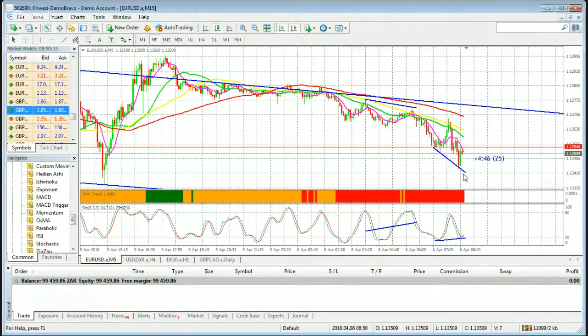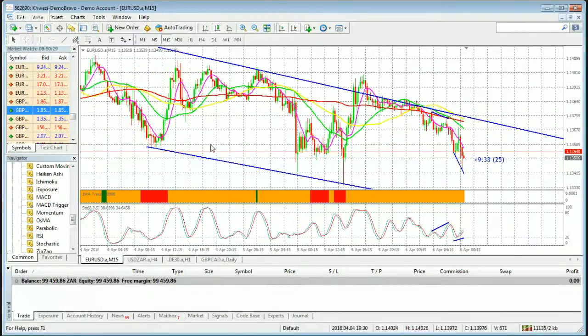What's happening now? And we'll just have to wait and see if this is going to give the confirmation or not. 15, still got a little way to go.